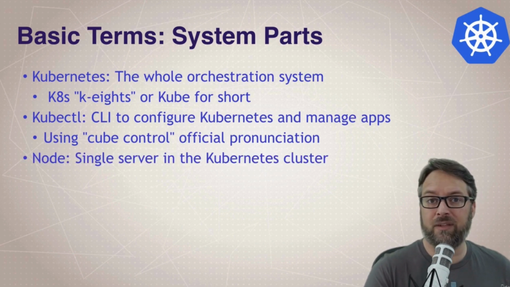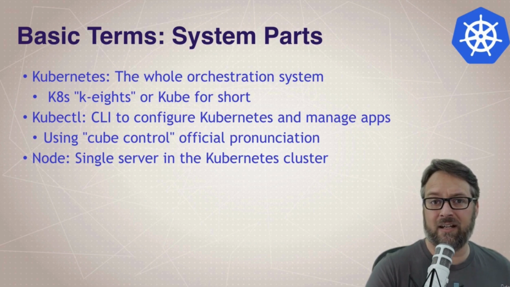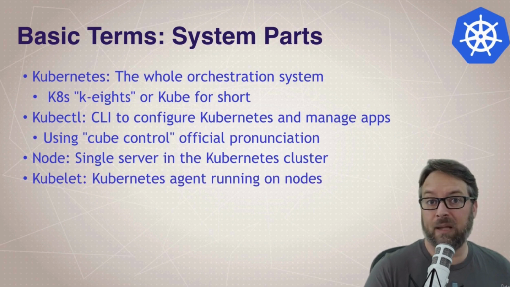Now, just like with Swarm, where we call nodes the servers that are inside of that cluster, Kubernetes also refers to things as nodes as well. So that terminology is at least the same between the two. And kubelet is the container that will run a small little agent on each node to allow that node to talk back to the Kubernetes master.